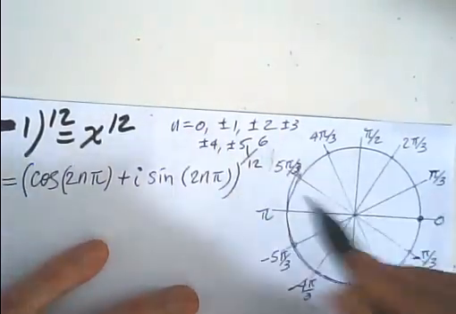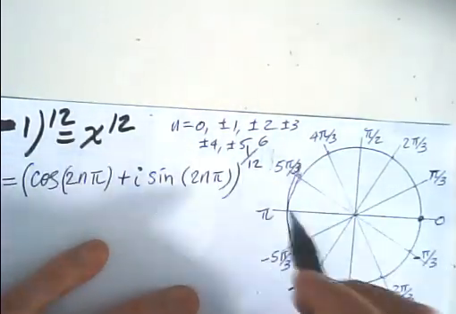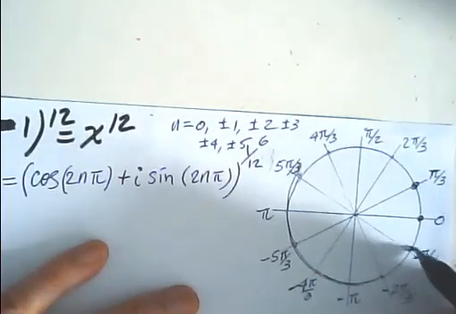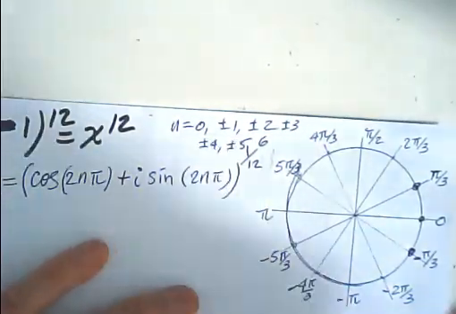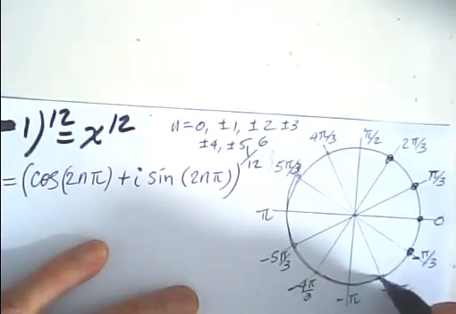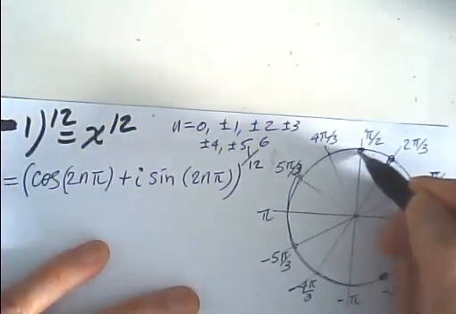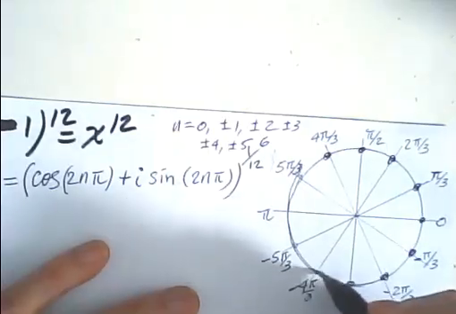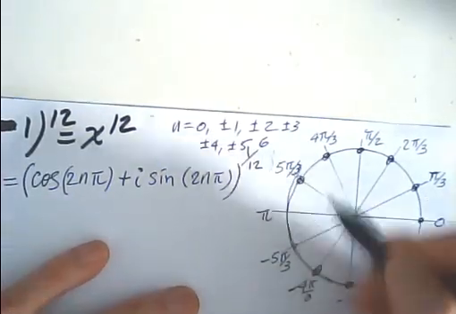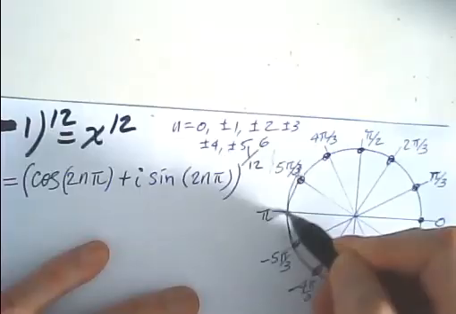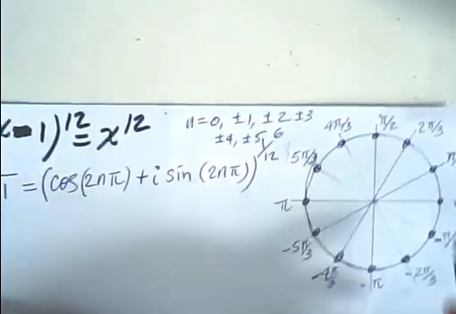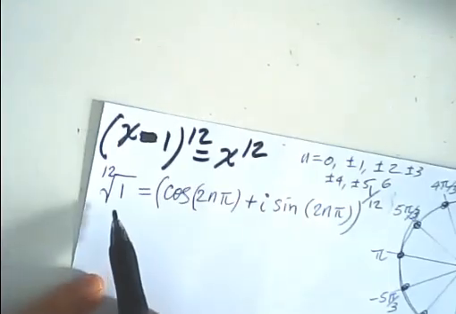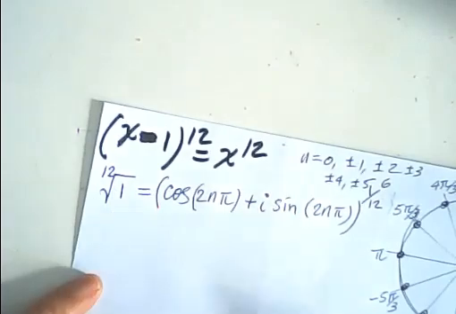This one is n equals 0, and this is n equal to 1, n equal to 2, n equal to 3, n equal to 4, n equal to 5, and n equal to 6. So 12 roots. These are the 12 roots of the 12th root of 1.